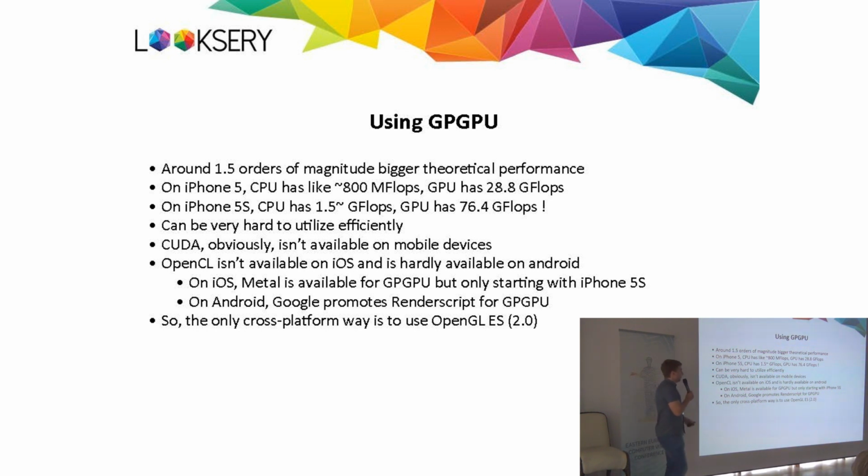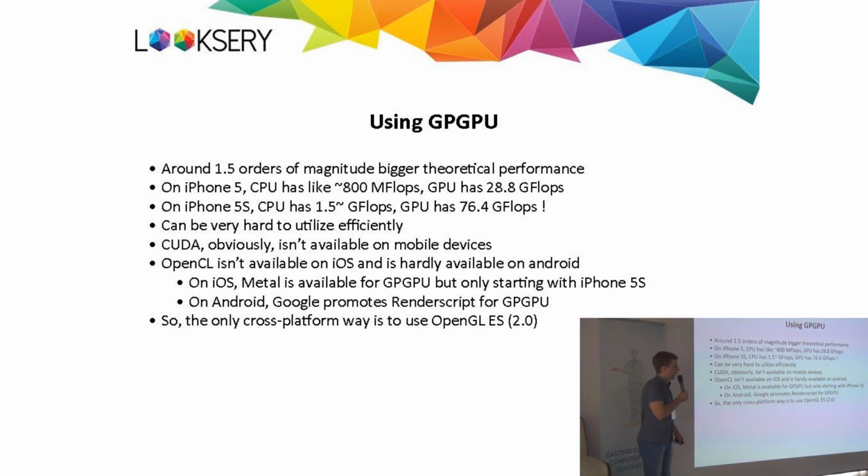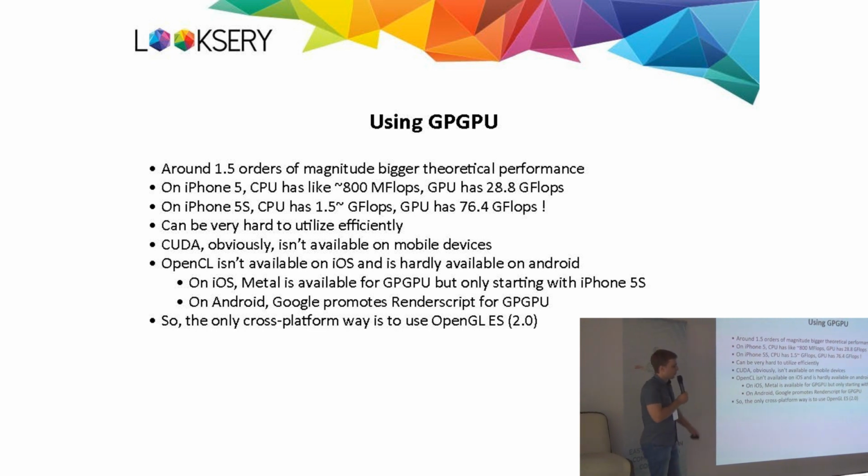For example, on iPhone 5, the CPU has around 800 megaflops, while the GPU has around 30 gigaflops. On iPhone 5S, the difference is even bigger, around 50 times. The problem is that the GPU is very hard to utilize efficiently on mobile devices because it has some limitations.